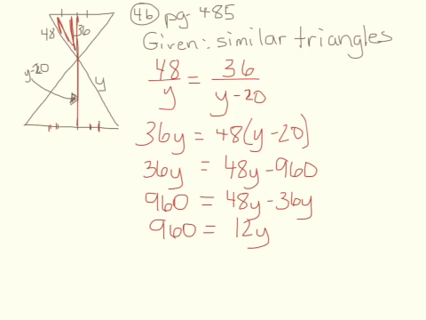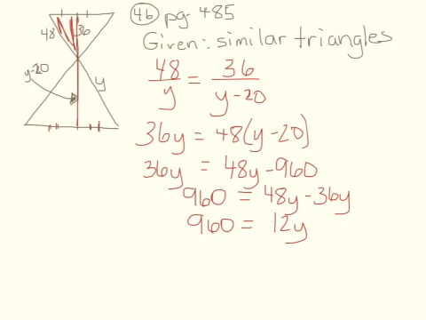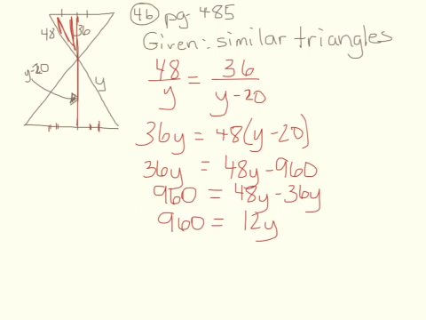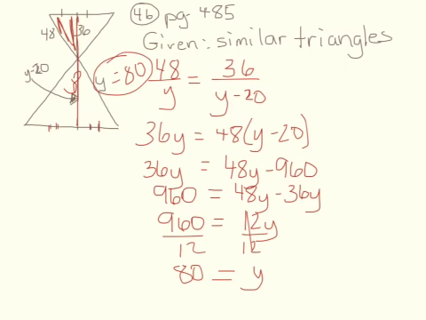So after I put my like terms together, I got 48Y minus 36Y equals 960, 12Y equals 960. Then I'll divide both sides by 12, and I'll get that Y is equal to 80. So the value of the variable is 80. So that makes this side over here 80 and this side here 60. Although I think the only thing they want is the Y.